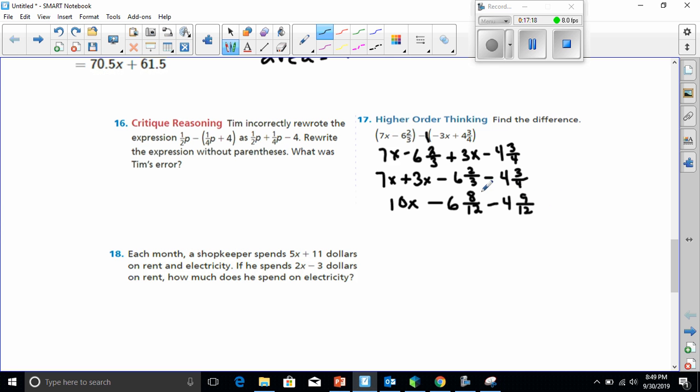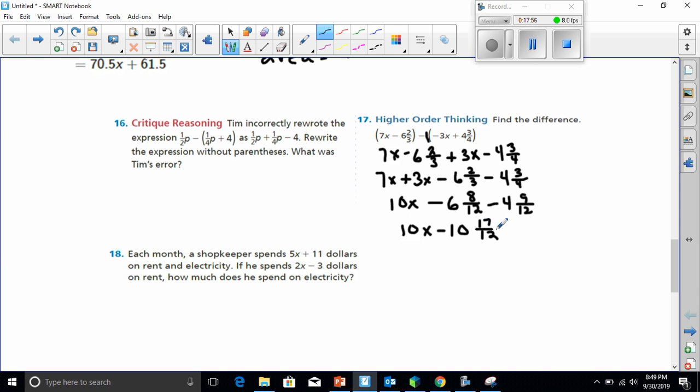Now, remember, we're adding these together, not subtracting them. Well, 8 and 9 make 17. So this is going to be 10x minus, because it's a negative and a negative, it's going to make a bigger negative. 6 and 4 make 10, negative 10, and 9 and 8 make 17 over 12.